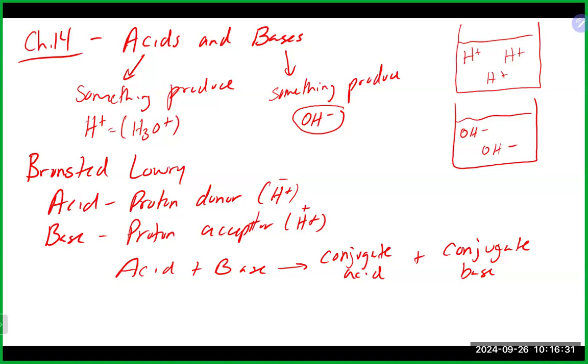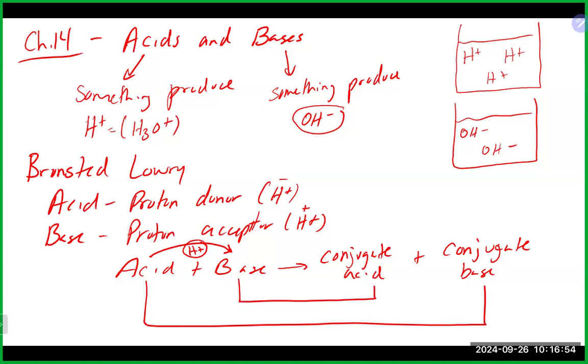Now, these are related to each other based on the definition of an acid, which is going to send over the H plus. And that is actually the only difference that there can be between the acid and its partner on the other side, which is the conjugate base, or the base and its partner on their side, which is the conjugate acid. The only difference can be just one H plus.